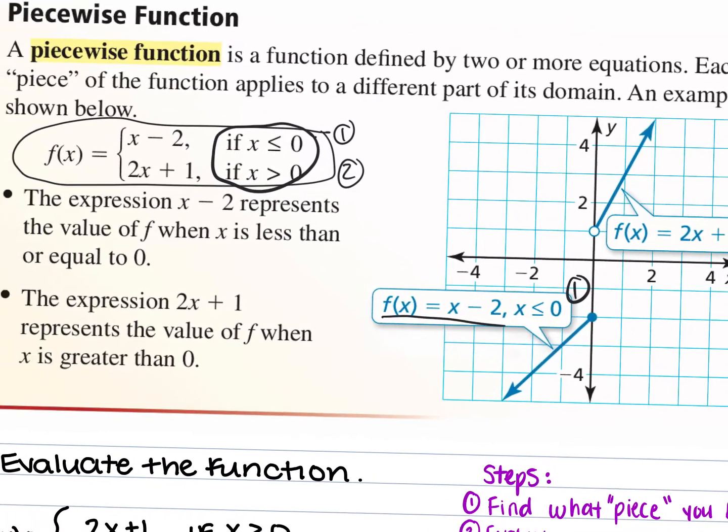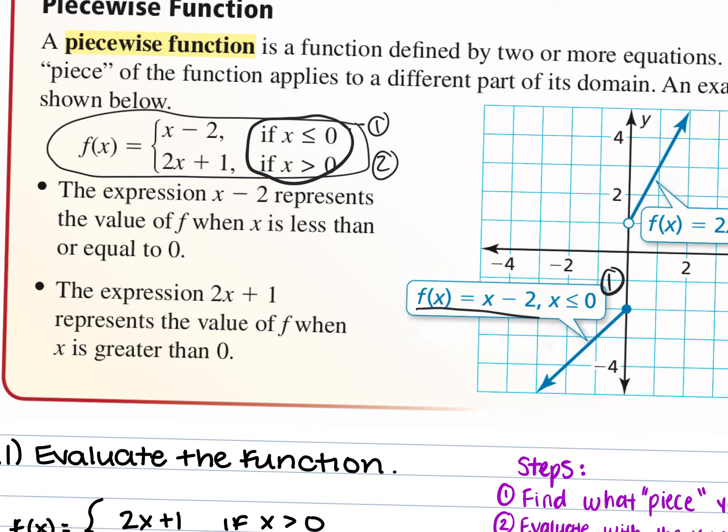Let me show you where all of this comes from, okay? So the x minus 2 that you see in your function comes from the first piece up here. So go ahead and highlight those two. And then your x is less than or equal to 0, defining where your function exists, gets carried over to this section, defining where piece number 1 happens.